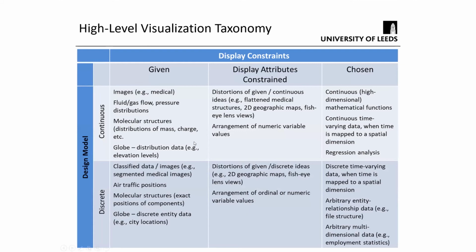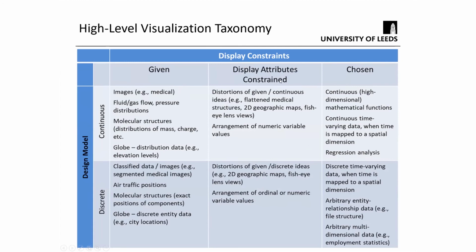You've got the design model: your data, or you're going to display it or use it in a continuous model or a discrete model. So a continuous is images, fluid flow, molecular structures, geographic data.